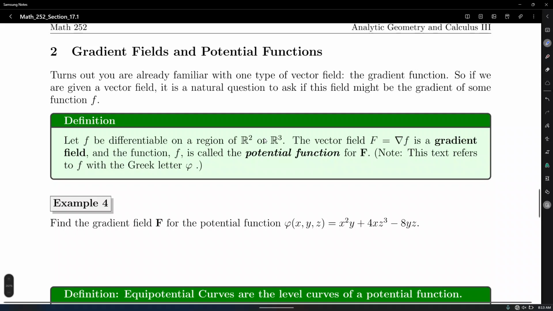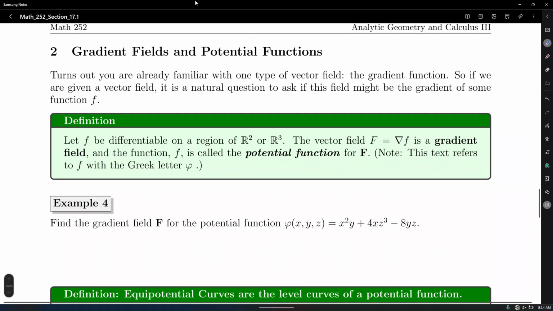And the gradient gives us a vector with components that are the direction in which we need to go in order to go in the direction of the steepest ascent, right? And in the opposite direction, that takes us in the steepest descent, right?